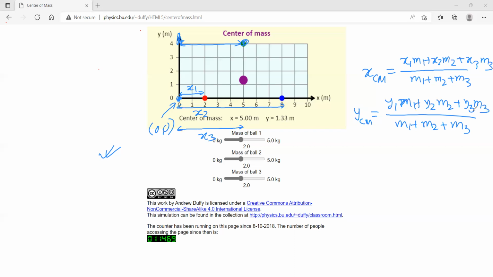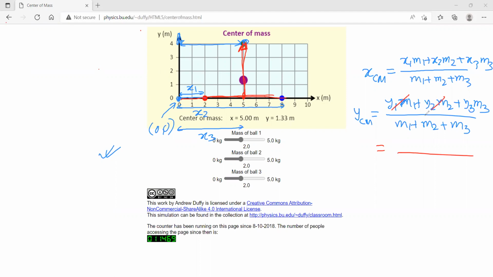Now, y1 is 0 because this is the 0 line, right? So y1 is 0, y2 is also 0, but y3 is this distance. This is the 0 line for y, and from this one it is 4. So there will be only one contribution.